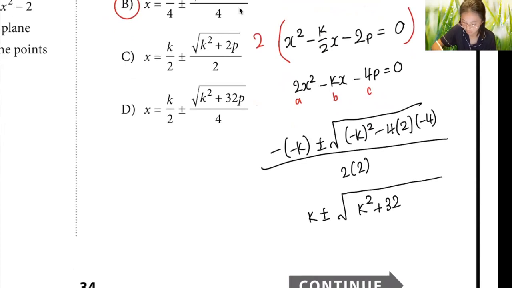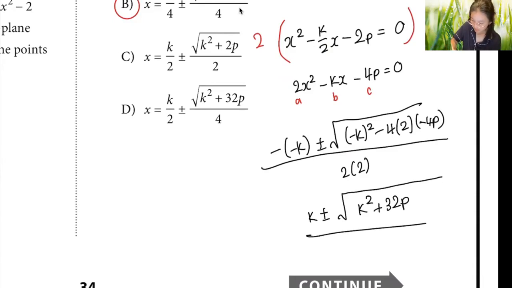Oh, excuse me. Hold on, sorry, my bad. This should be negative 4p, so that's why this is going to be 32p.